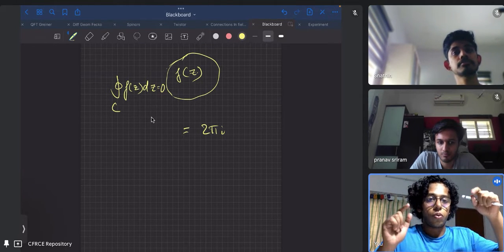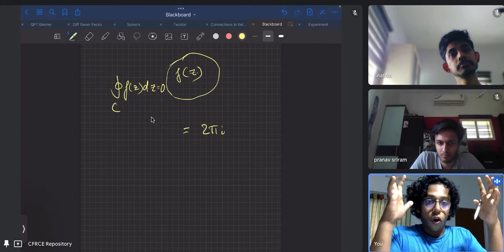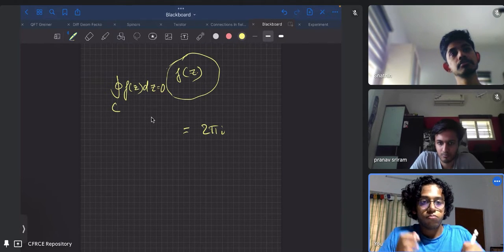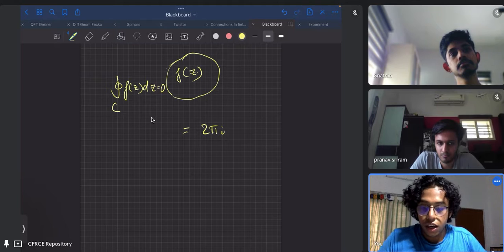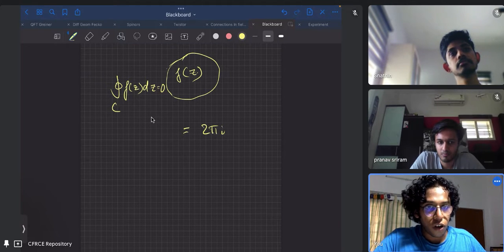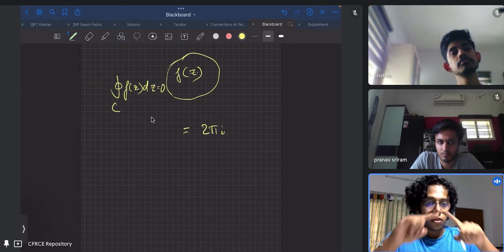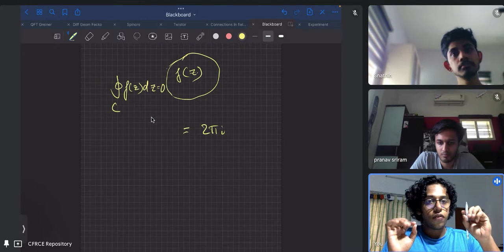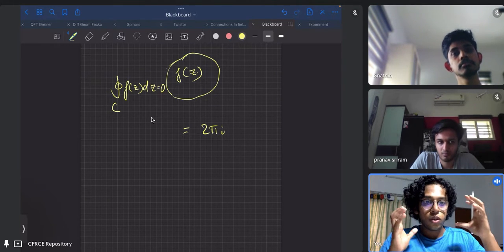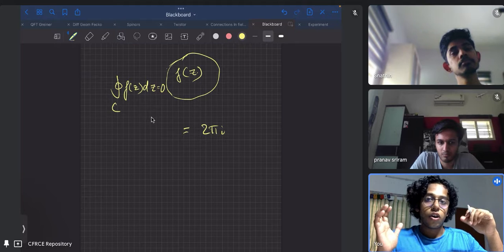Again, note the emphasis on the fact that the contour is different from the function. The contour is the boundary and the function itself is the field. So it's two distinct things, not to be confused.